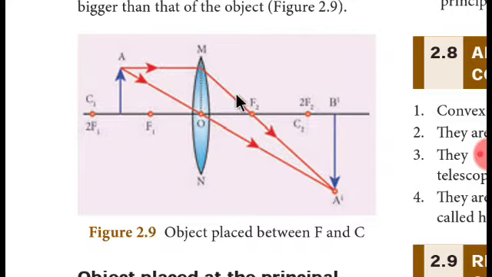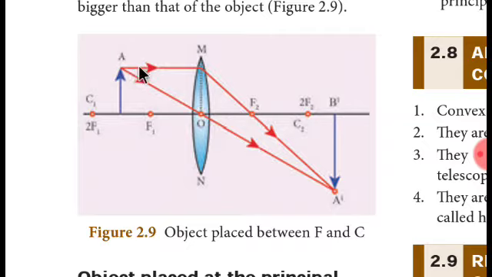And in this case we keep the object between center of curvature and focus, and the image is formed behind C. It's vice versa, the opposite of the other case.